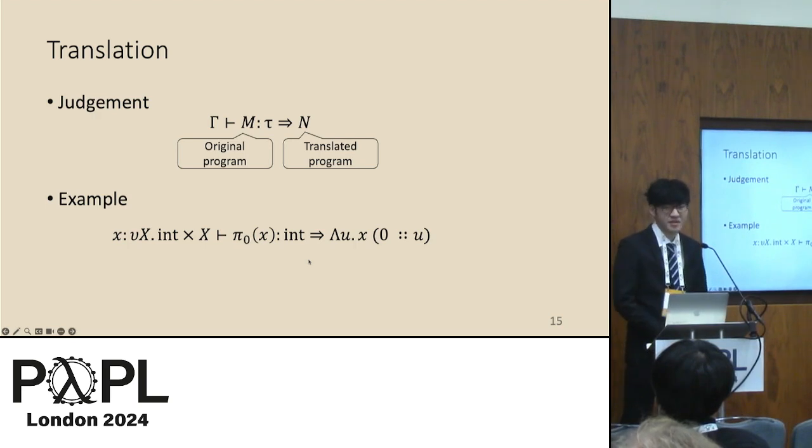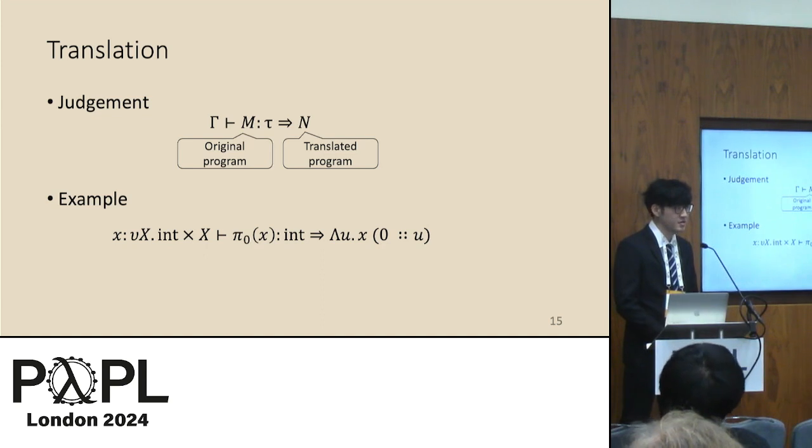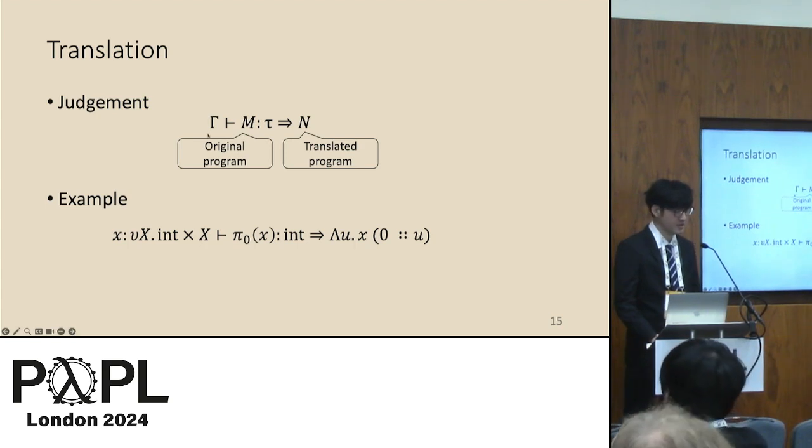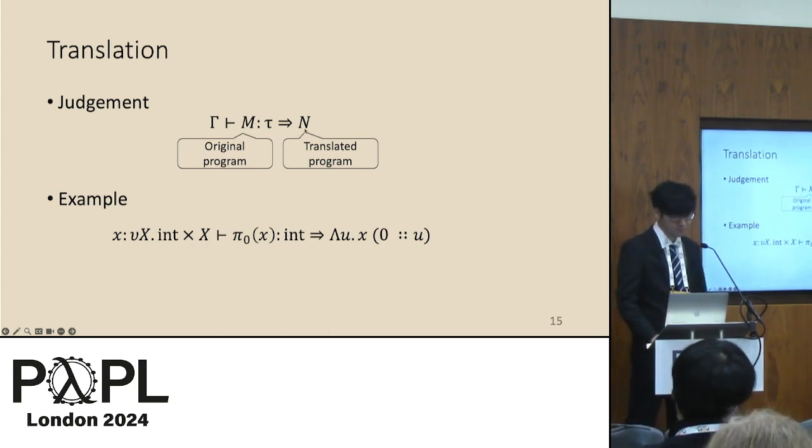Our translation is type-directed translation. The judgment of the translation is a quadruple relation. Gamma is the type environment, M is the original program, tau is the type of M, and N is the translated program.